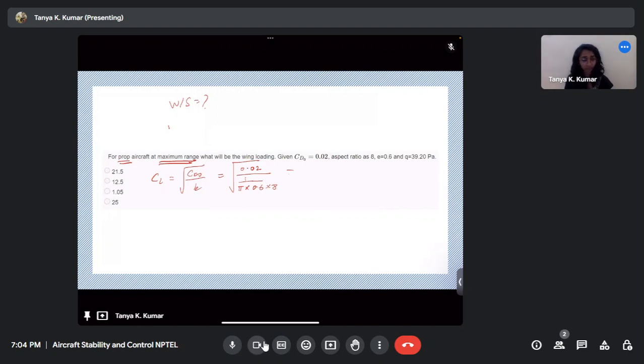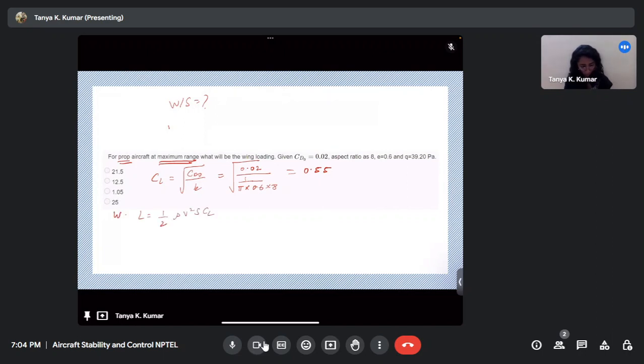Just calculate it. I haven't calculated it. Let me just try it. So it comes to 0.55. Now they've asked you to find out wing loading. What relation do we know? We know lift equal to half rho v square S CL.